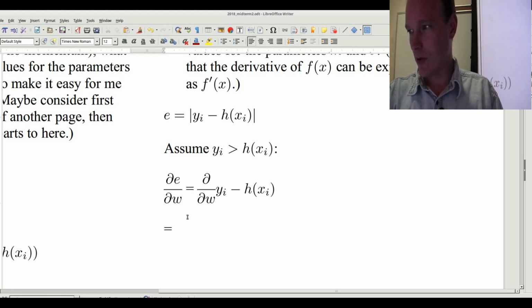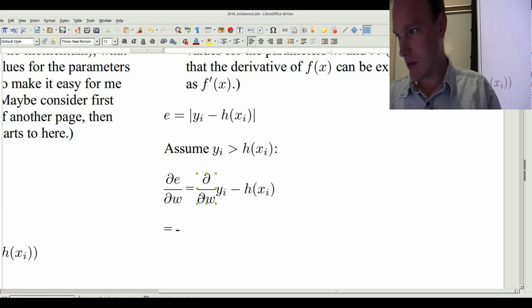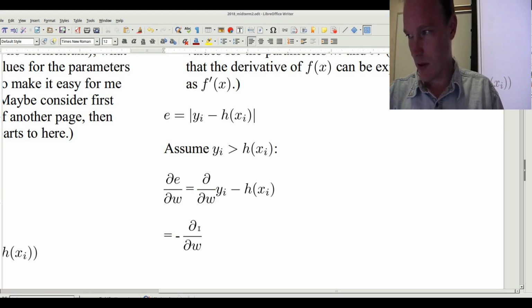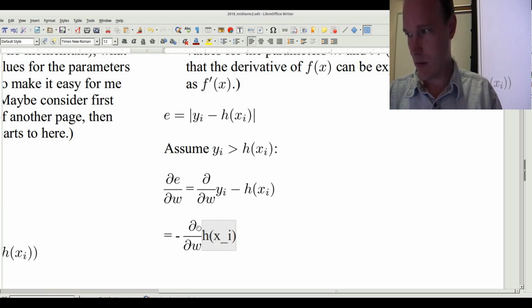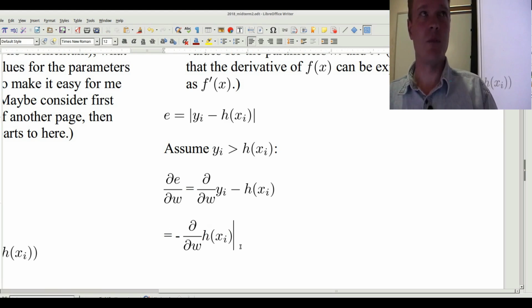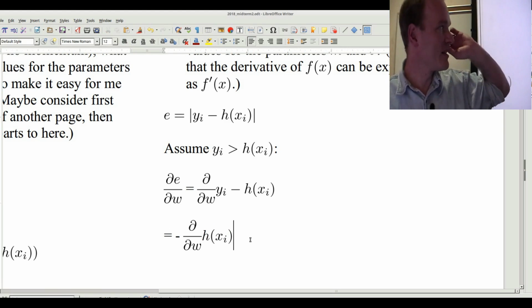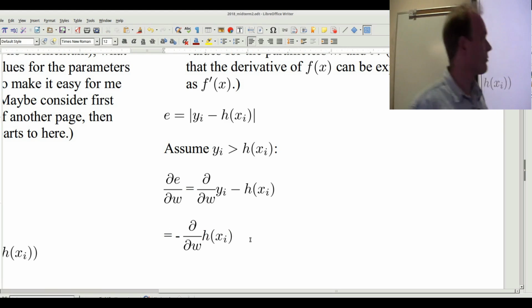That is equal to negative this partial of h of x sub i. Is it not? I just pulled the minus out in front and I dropped the y sub i because changing our weights, whether it be the m or the b, is not going to affect some label. But it certainly will affect the hypothesis because the hypothesis is built on m and b.